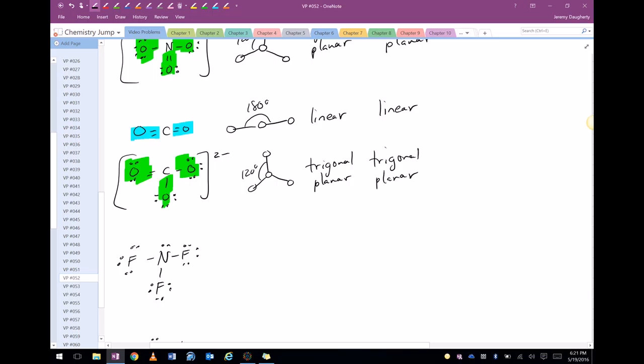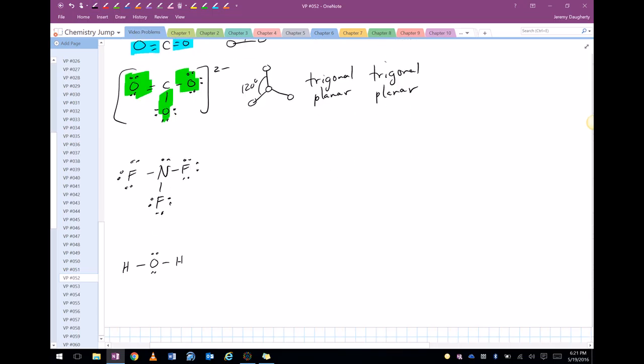Trigonal planar, trigonal planar. Okay, so here's one that has actually lone pair electrons, right? So there's 1, 2, 3, 4 sides of the box still being used. So it comes from tetrahedral, but we draw a balloon where the lone pair electrons are. So here are the atoms, like that.